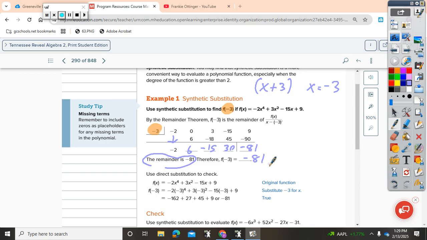Now there is some meaning here. We technically did division, and I know it's synthetic division. And we talked about last chapter, like we didn't get a remainder of 0. We do get a remainder of 0 lots of times. So basically I know because I got a remainder of 81, i.e. I did not get a remainder of 0, that x plus 3 is not a factor, and x equals -3 is not a solution.